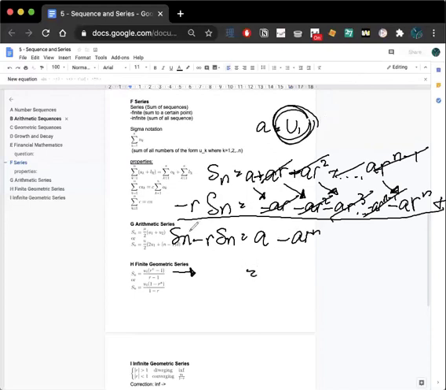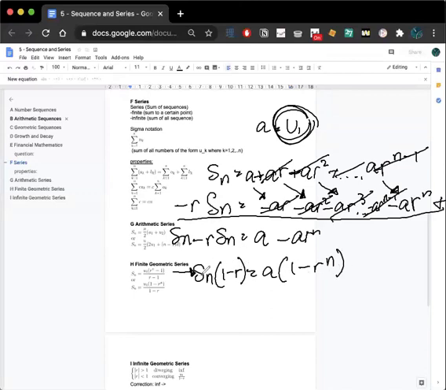We can factor out Sn into Sn times (1 minus r), and factor out a into a times (1 minus r to the n).